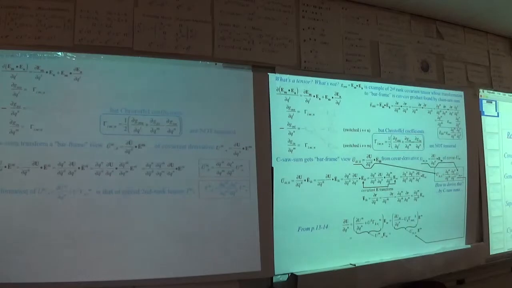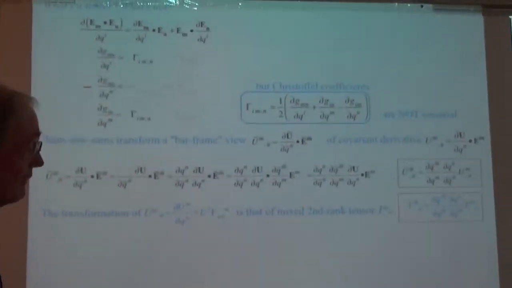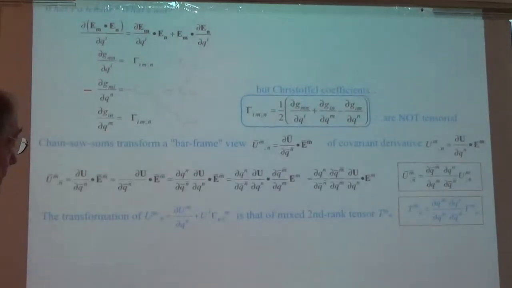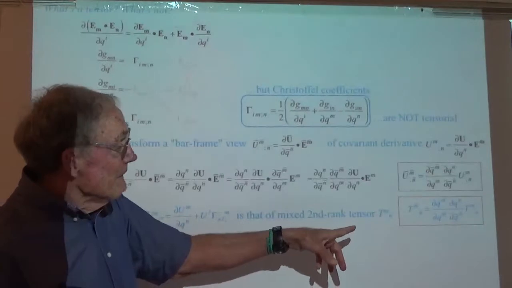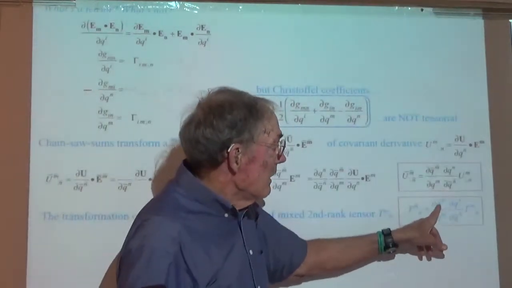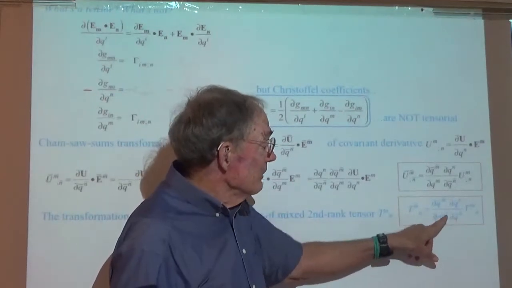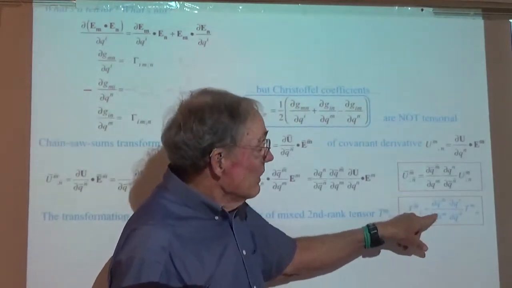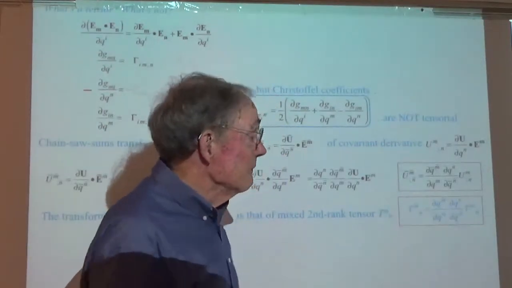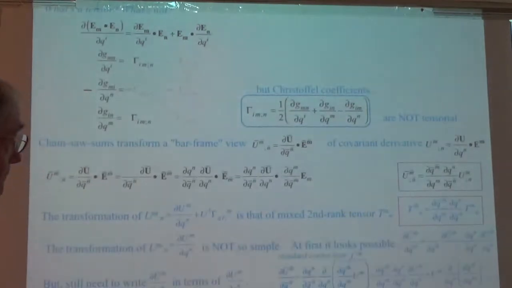So here I'm going to do some hand waving just to say what is a tensor and what is not. This transformation that we just got here is a mixed up and down with the partial variables. So you see the indices up and down for it. That's quite common. A lot of times you want to do that, particularly with antisymmetric quantities.